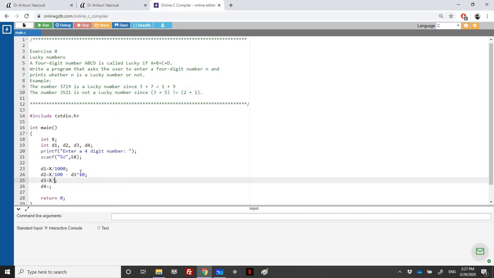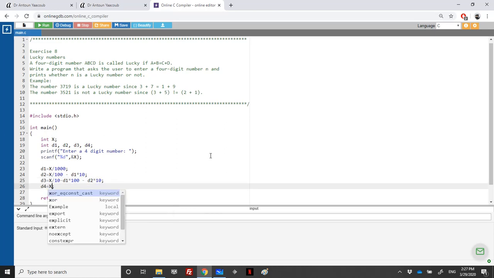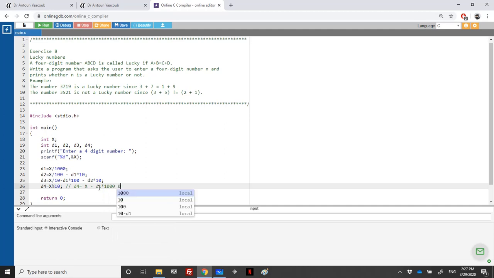As for d3, I will divide by 10, I will remove d1 multiple 100 because I will get 3 digits, and minus d2 multiple 10. As for d4, it's equal to x modulo 10. You can also write x minus d1 multiple 1000 minus d2 multiple 100 minus d3 multiple 10 if you want this formula.